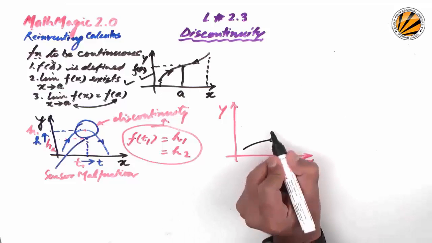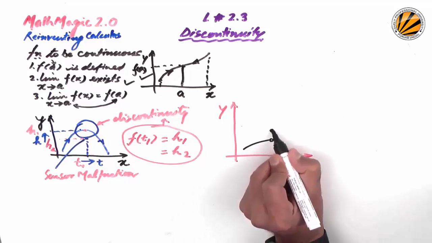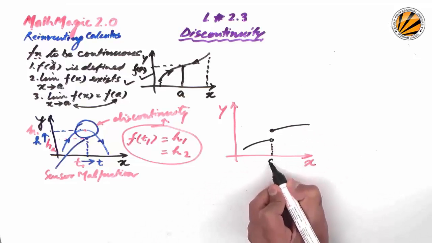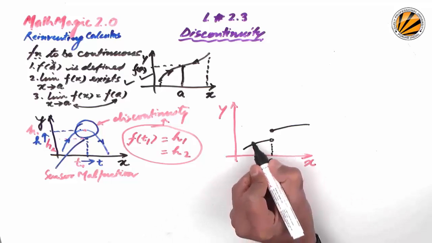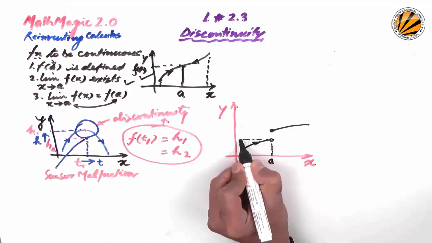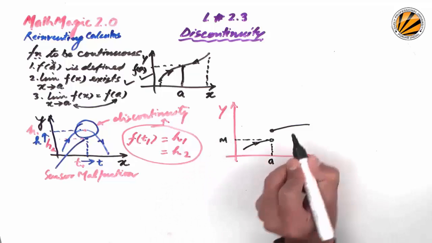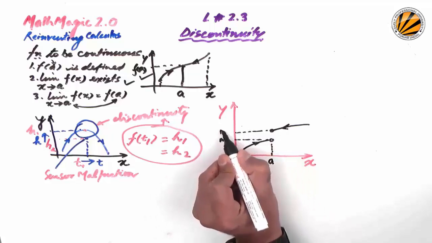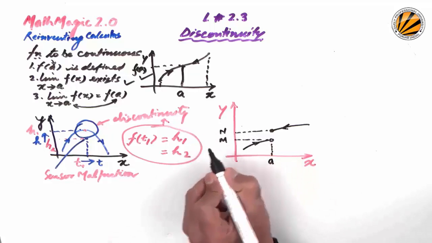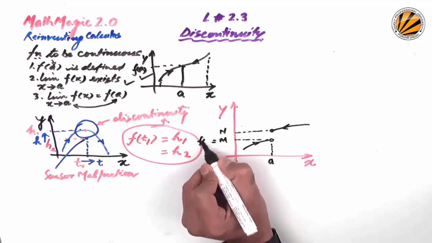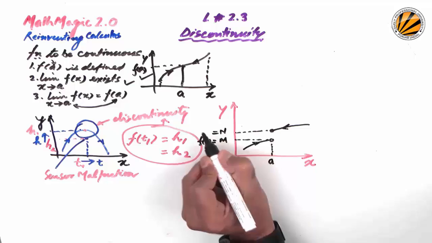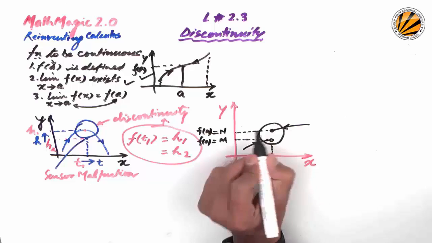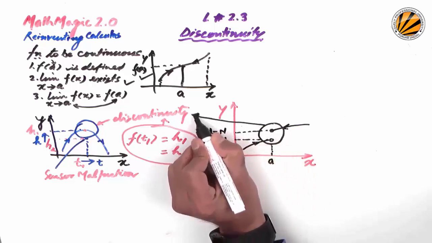Now if this is the behavior of the function, at this particular point, maybe A, if you approach from the left hand side, the value given is maybe M. But when you approach from the right hand side, the value reached is N. Means this M is the value of the function at A, and this N is also the value of the function at A. Now this again is a clear-cut form of discontinuity.